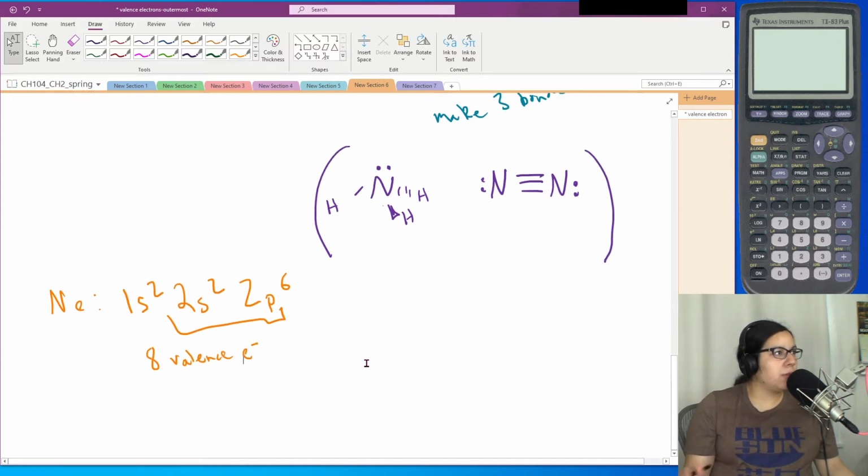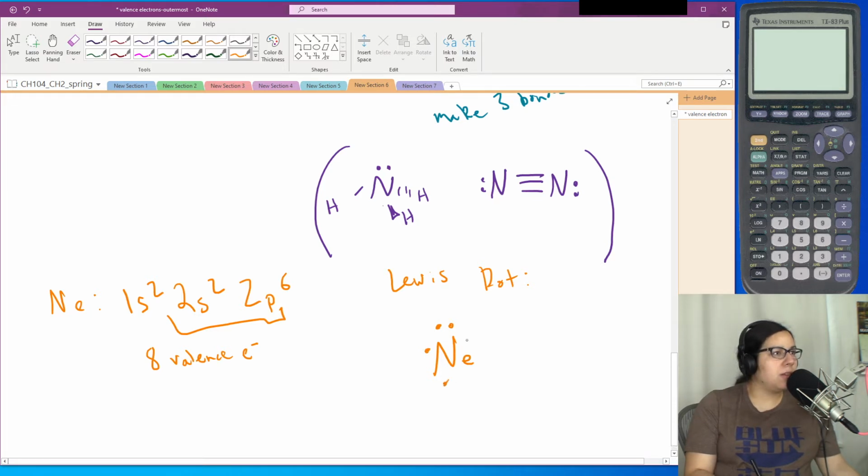And of course, if we were to write the Lewis dot structure for fun, we would show again why neon is inert. So neon, 8 electrons, so technically you want to fill up 2 in the S first, then fill up our 6.